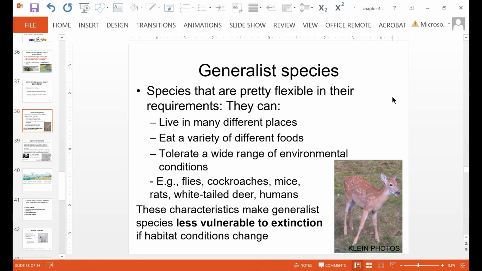So they can live in many different places, eat a variety of different foods, and tolerate a wide range of environmental conditions. For example, flies, cockroaches, mice, rats, white-tailed deer, and humans. These characteristics make generalist species less vulnerable to extinction if habitat conditions change.